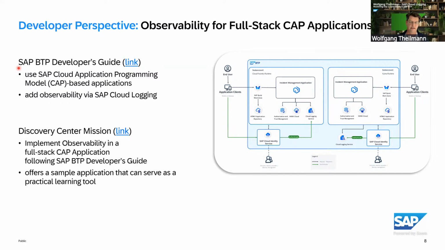And within that developer guide, the already mentioned Cloud Application Programming Model is a major featured programming approach. And to have detailed observability for that model and our applications developed along that model, it's clearly explained then how to use SAP Cloud Logging.